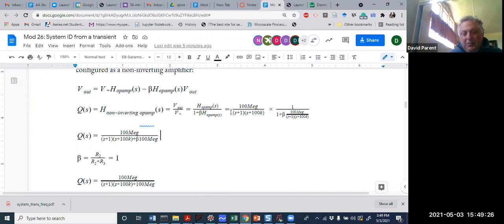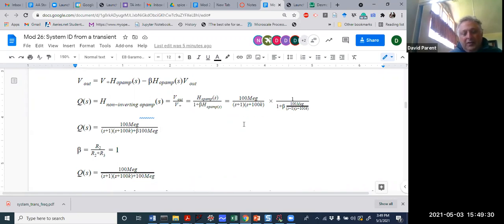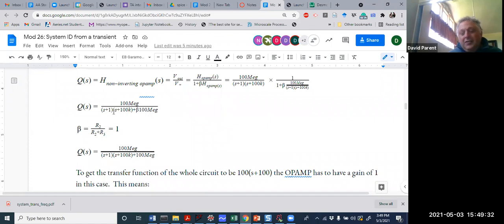So you multiply everything out. All right. And we get Q of S, right? Or it's H of S of the non-inverting op amp, meaning it's the op amp hooked up with negative feedback. All right. So now, if beta is equal to 1, here's my equation.